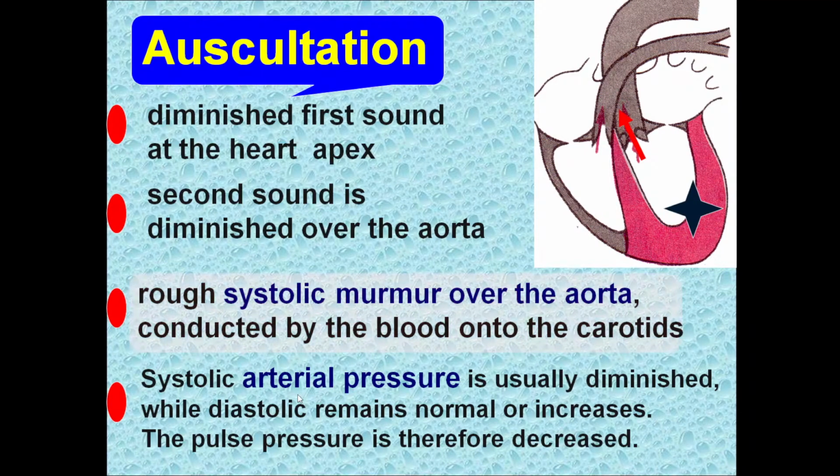And again, I'll draw your attention: the visiting card of aortic stenosis is rough systolic murmur over the aorta conducted onto the carotid arteries.